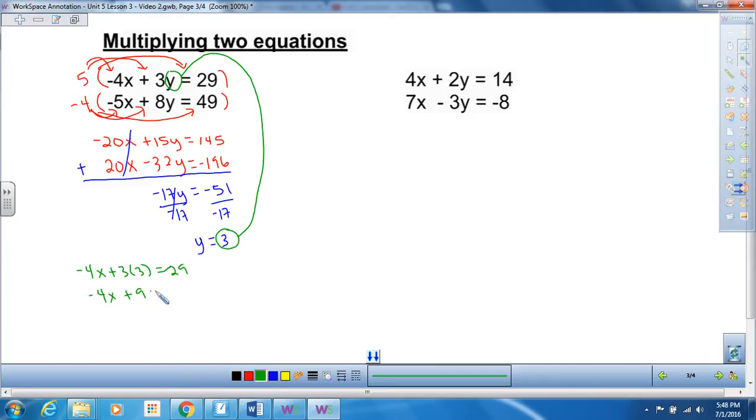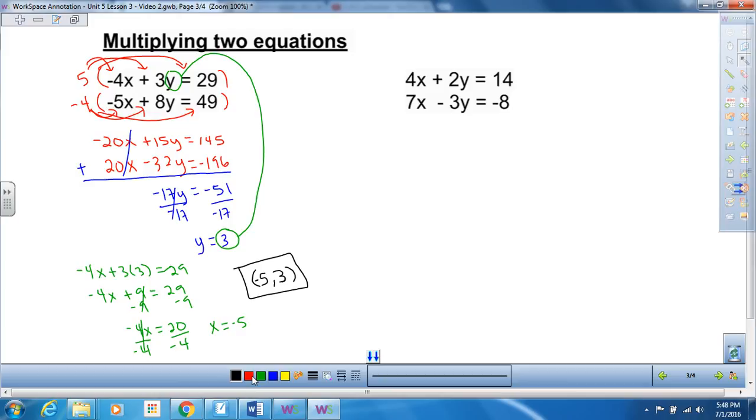So I get negative 4x plus 9 equals 29. Subtract 9. Negative 4x equals 20. Divide by negative 4, I get x equals negative 5. So my solution, I got to write it x then y, negative 5, positive 3.